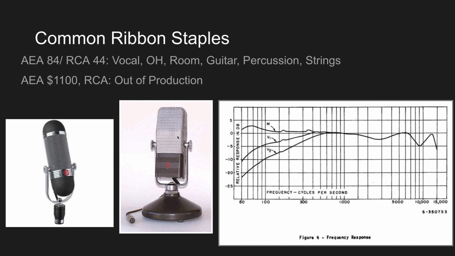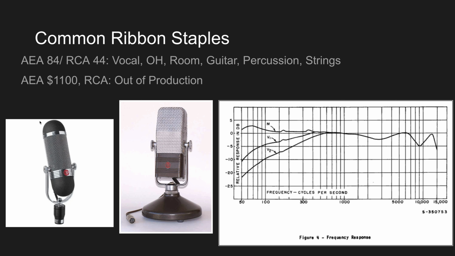Now there's a company called AEA, and you can see they're taking cues from the logo there. The AEA company is remaking these RCA microphones, which have long been out of production, so they're making some new versions of those. Just keep that in mind.